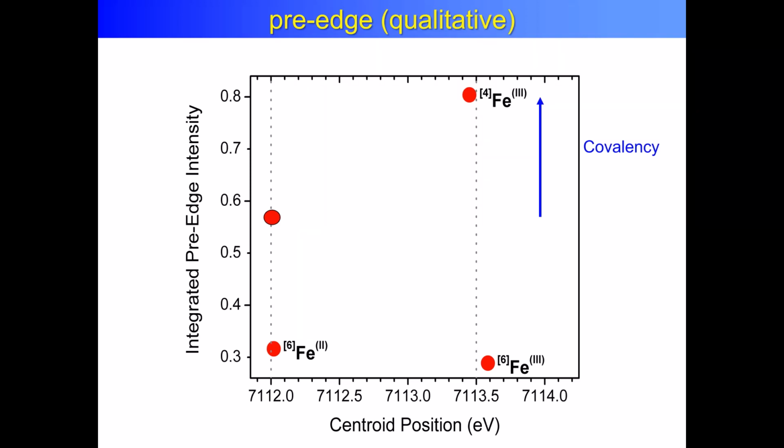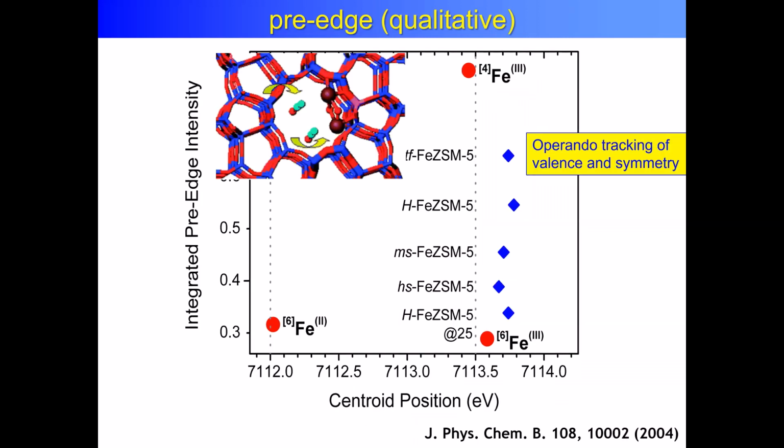So we looked at a catalyst, an iron complex in a zeolite. The blue points are different catalysts, for the conditions we use, and I'm not going into the specific conditions. All the iron remains 3+, as you can see from the position of the pre-edge, but the coordination changed from almost octahedral to almost tetrahedral, depending on the condition.